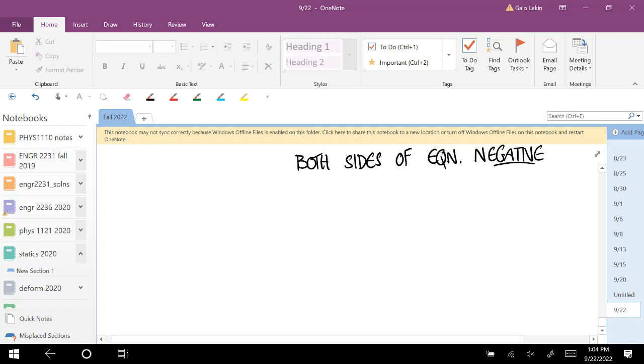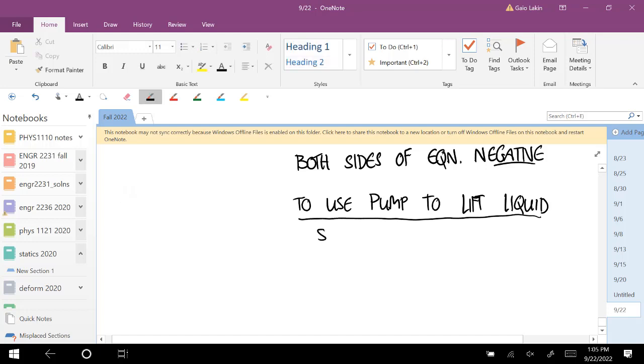Then there's also applications of pumps where you're not using it to increase the pressure, you're using it to lift a liquid up some distance. So to use a pump to lift a liquid, for the simplified form, we're going to assume steady state.